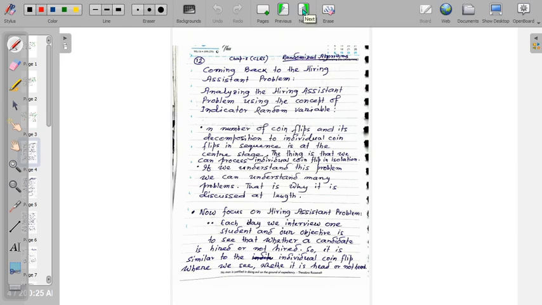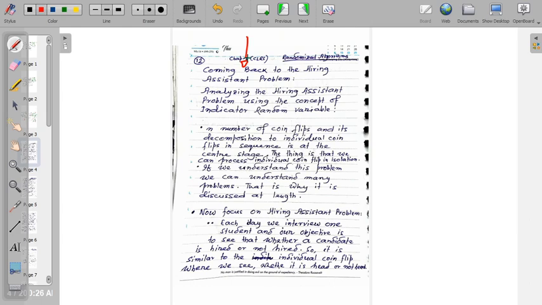Now we are coming back to our hiring assistant problem. We have discussed all the preliminaries regarding probability, expectation, and random variables.